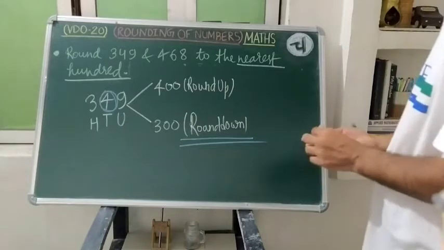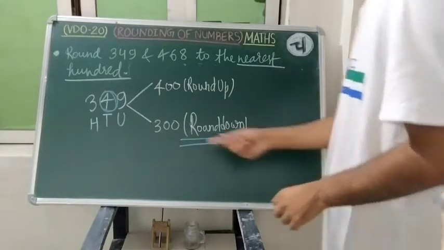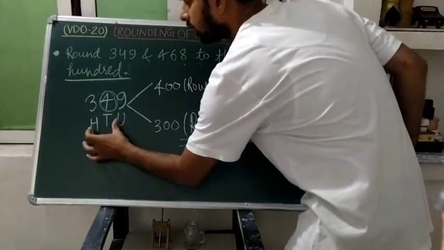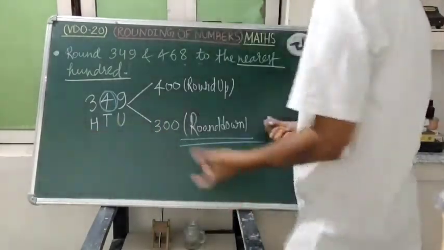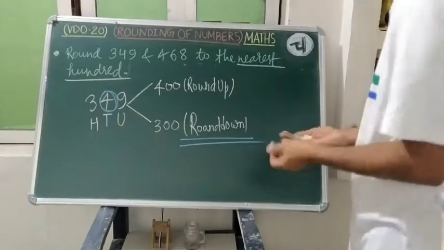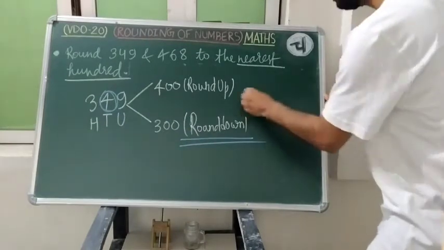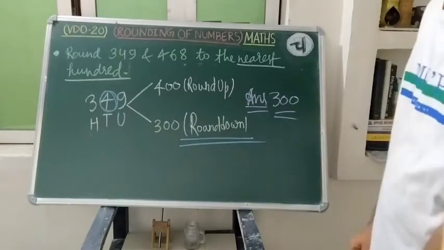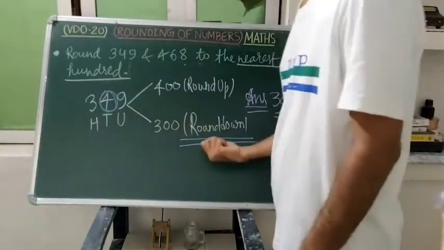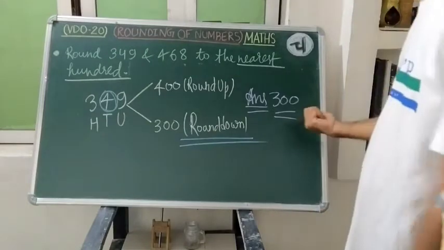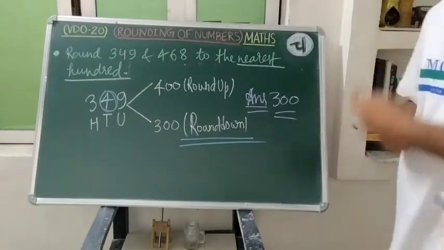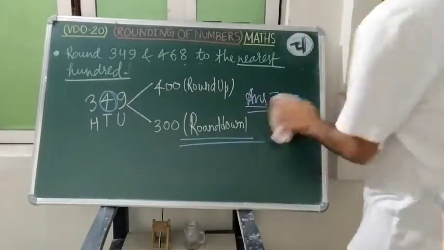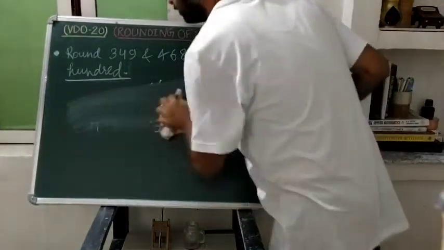The meaning is that 300 will come at the place of 100. So the answer will become 300. Getting it? If you have 349 rupees, the meaning is that I have only 300 rupees. In the same way, we can move to the second one as well.